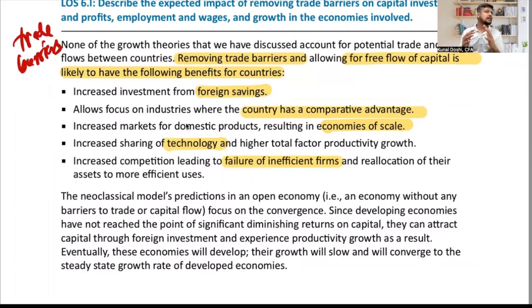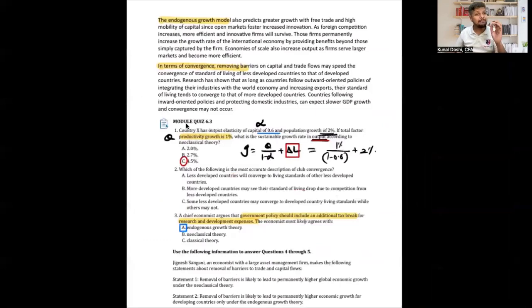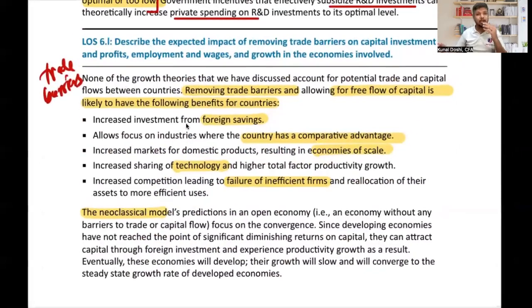Those companies which cannot compete with these high tech foreign firms will get wiped off. So only the efficient will survive. Overall, even before I read the neoclassical model or the endogenous model or the club convergence, whatever I read, remember that removing trade barriers always increases economic growth.